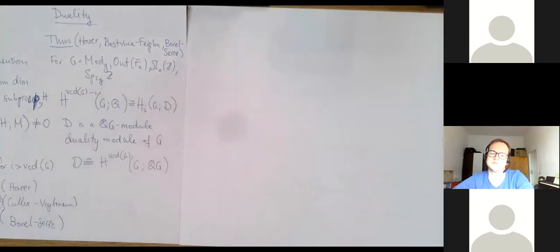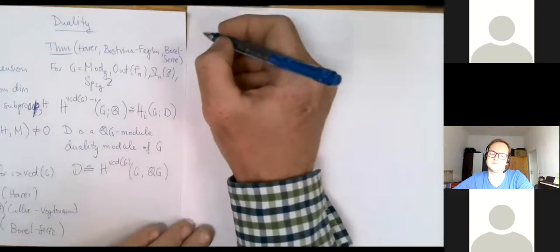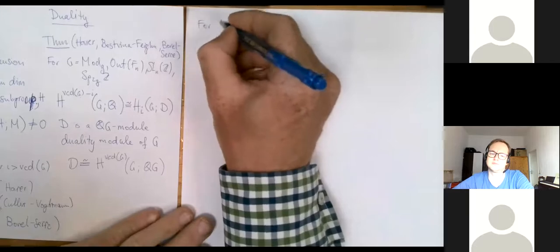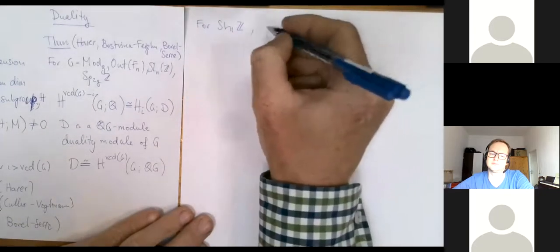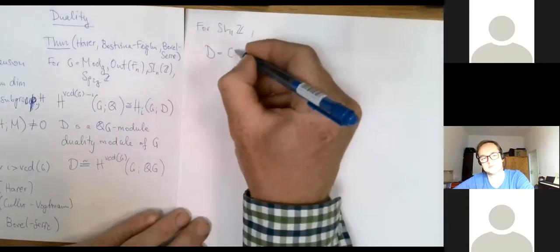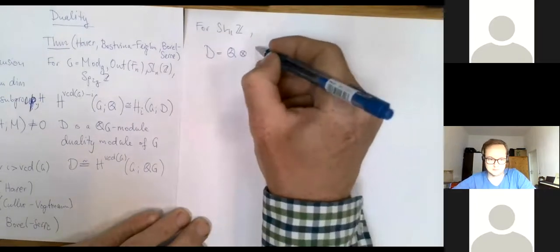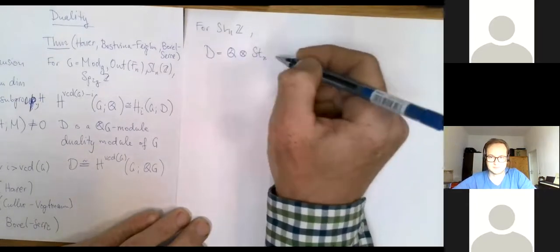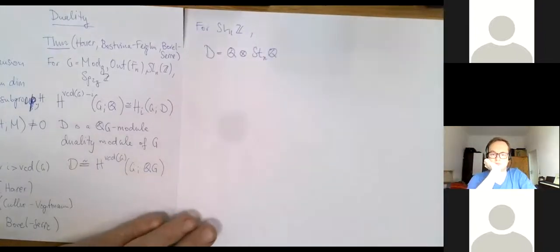But let me tell you something about it for SLn. For SLn(Z), Serre proved that D is Q tensor, so the rationalization of the Steinberg module. And what's the Steinberg module?